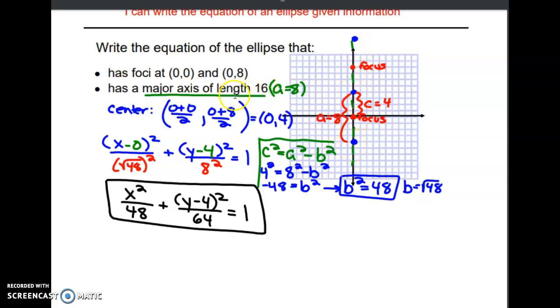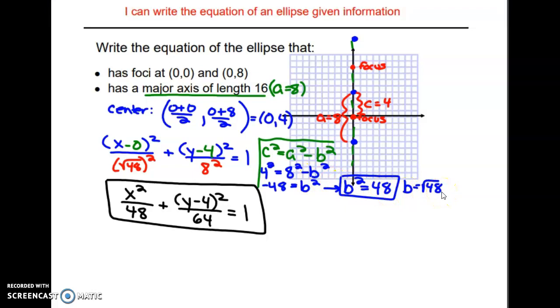That gives me the full 16. So A goes from the center to the vertex. So I know A is 8. So we finish this little equation off, solve for B. B is the square root of 48.